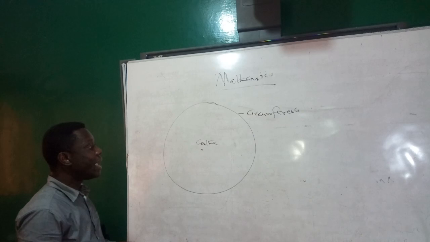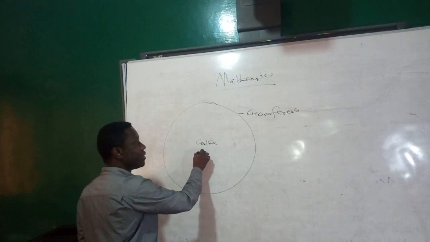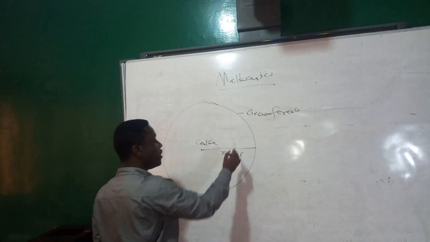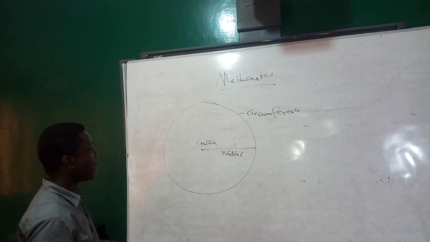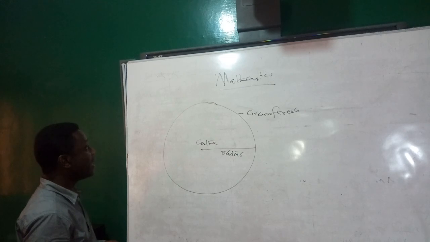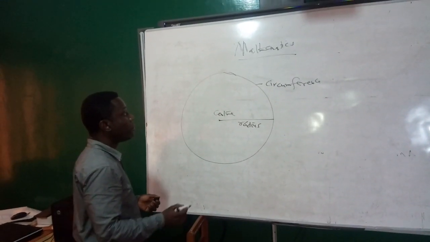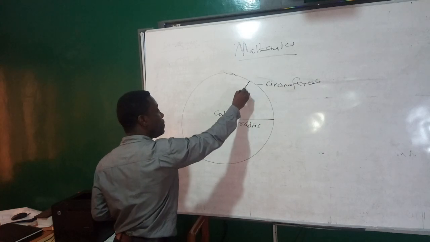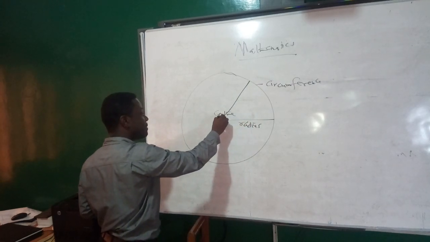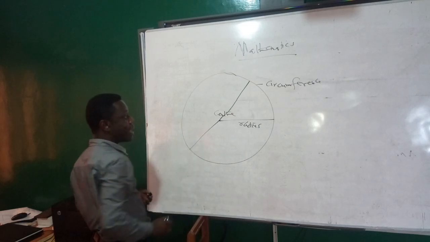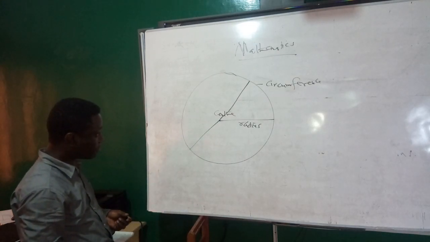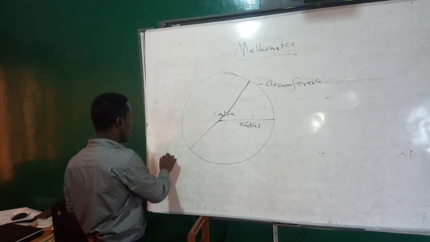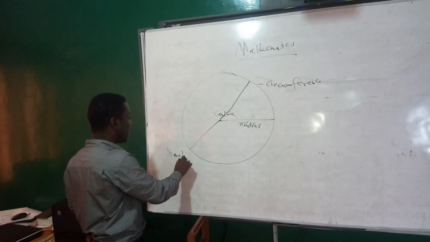Any line from the center to any part of the circumference is what you call your radius. And any line from any part of the circumference through the center to any other part of the circumference is what you call your diameter.